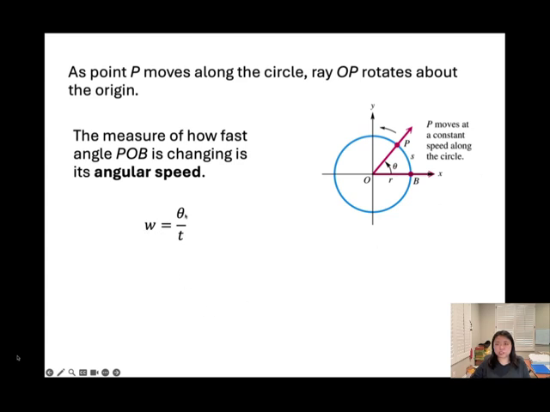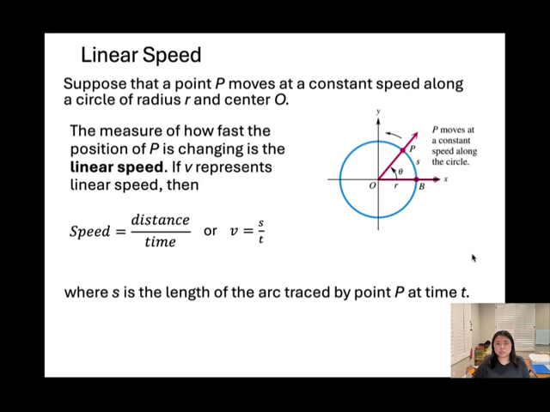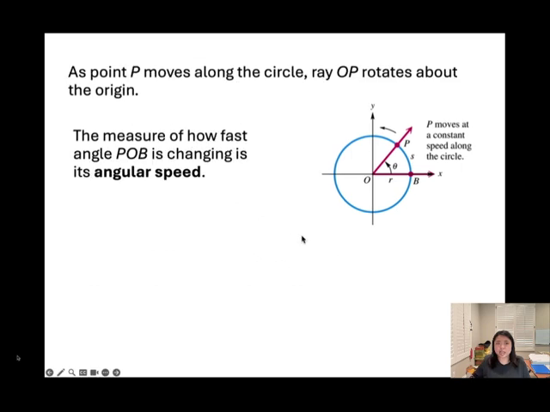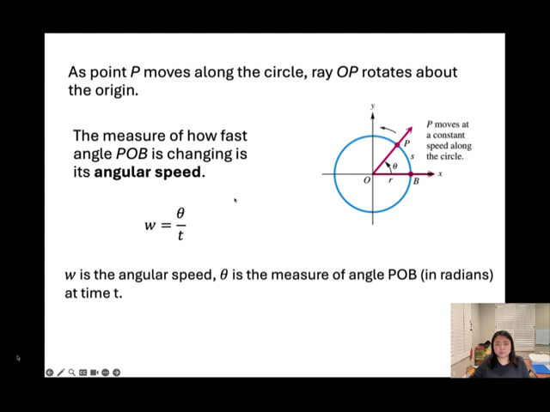W equal to theta over T, theta over the time T. So we have learned two formulas. One is the linear speed, V equal to S over T. Another one is called angular speed, W equal to theta over T. And then the theta is always measured in radians.